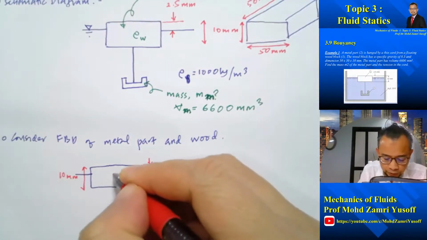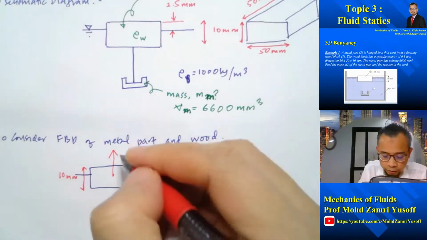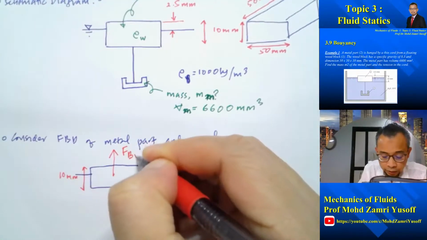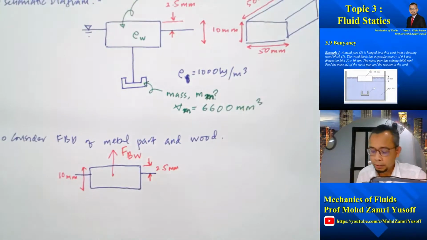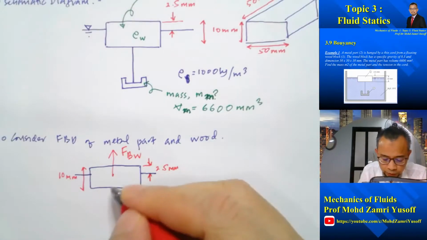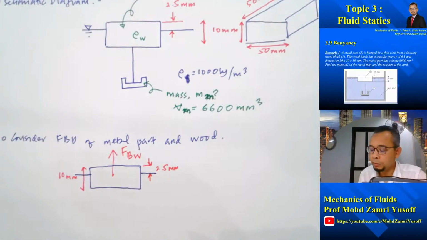There will be a buoyancy force acting upward, which I call F buoyancy wood. And then downward, it is connected to the metal part by a cord.